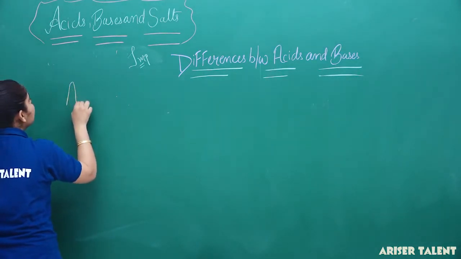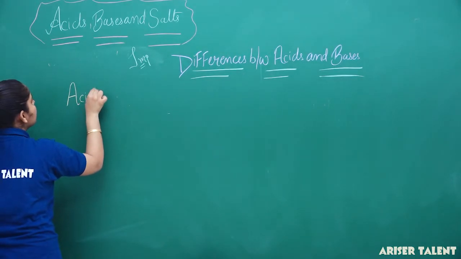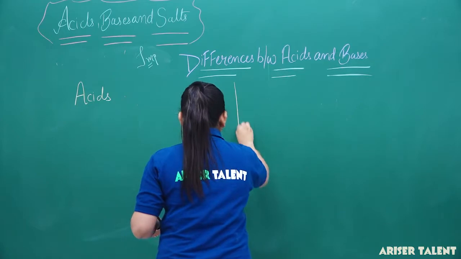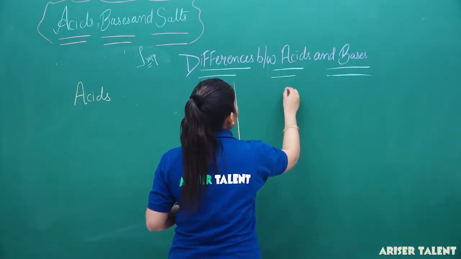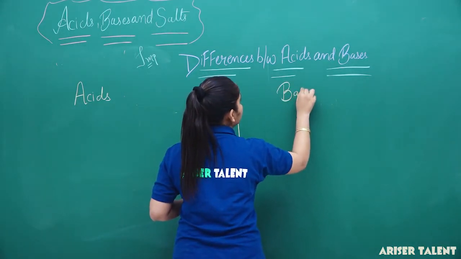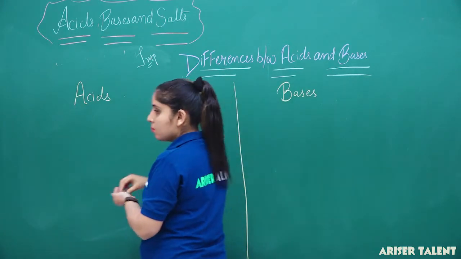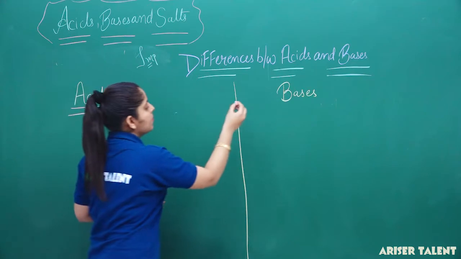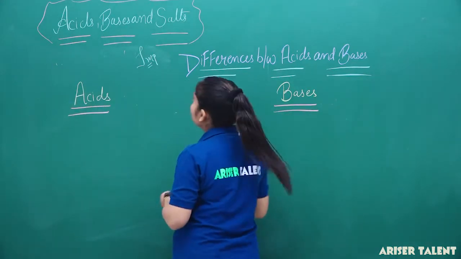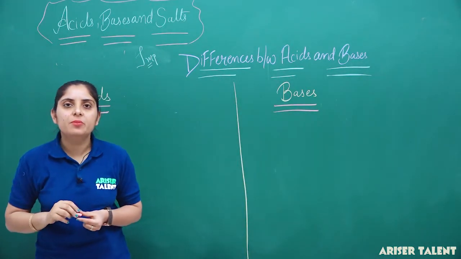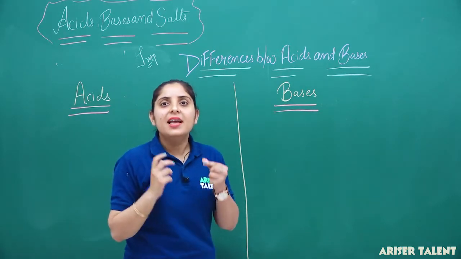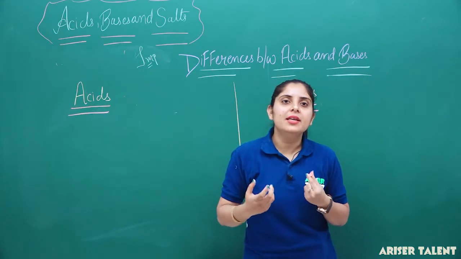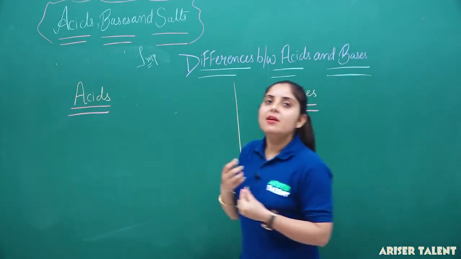So, here I am considering acids, and in our next category I am taking bases here. So the first point that is used to distinguish between acids and bases is that acids are generally sour in taste and bases are generally bitter in taste and soapy in touch.